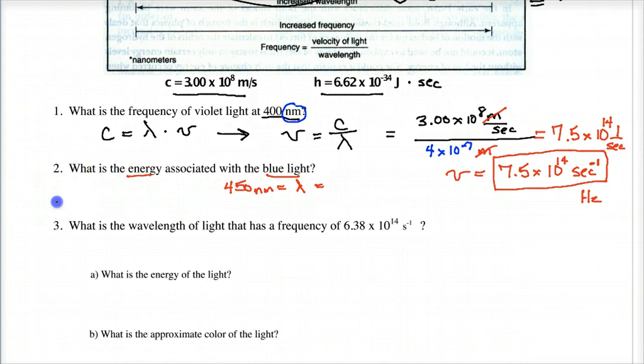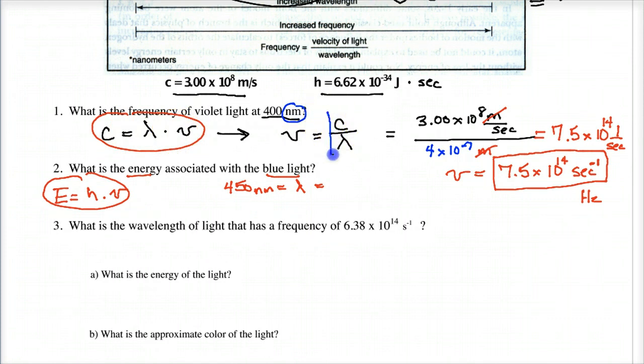Well, I know that energy is equal to Planck's constant times frequency. Now, I could go into this equation here, plug in my lambda that I just found, and using speed of light, I can solve for V and then put it back in. Or I can combine these two equations. How do I combine these two equations? Very simple. Let's change the ink because I can. And I know that frequency from this table right here, if I rearrange it, is equal to C over lambda.